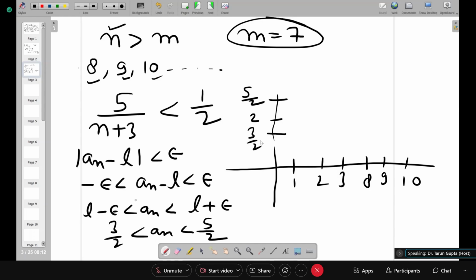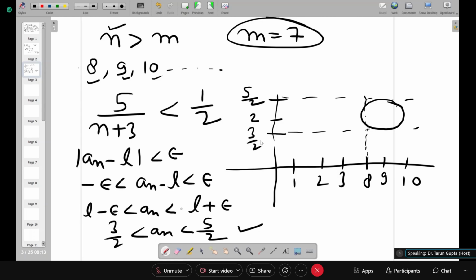Since here if we take the value of n 8 or greater than 8, then always the value of this sequence lies between this. Means if the value is greater than 8, then always the value of the sequence lies between this interval 3 by 2 to 5 by 2, you can see.